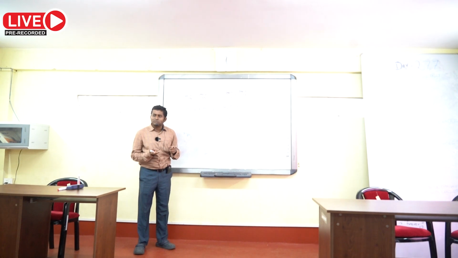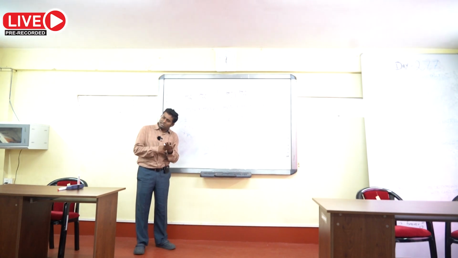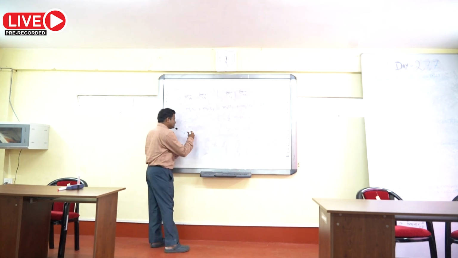V1 square minus U1 square can be written as V1 plus U1 into V1 minus U1, that is A square minus B square, that is A plus B into A minus B. So can I write A minus B in front? I can of course write that.